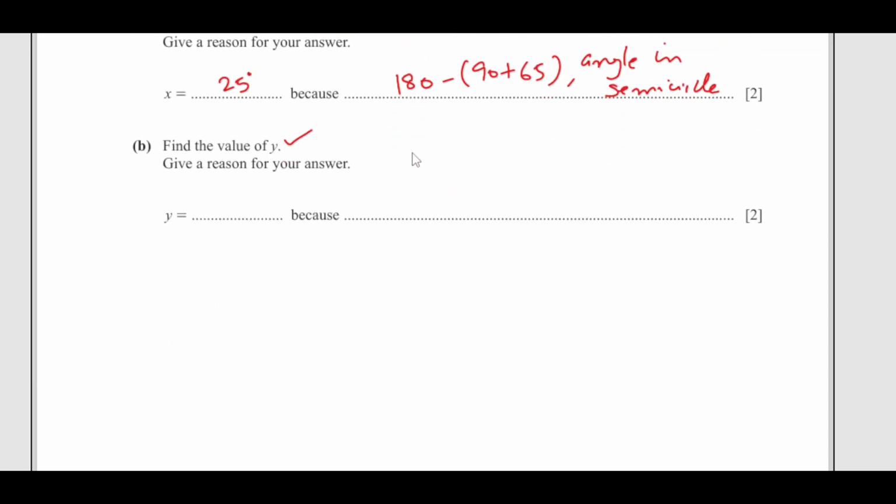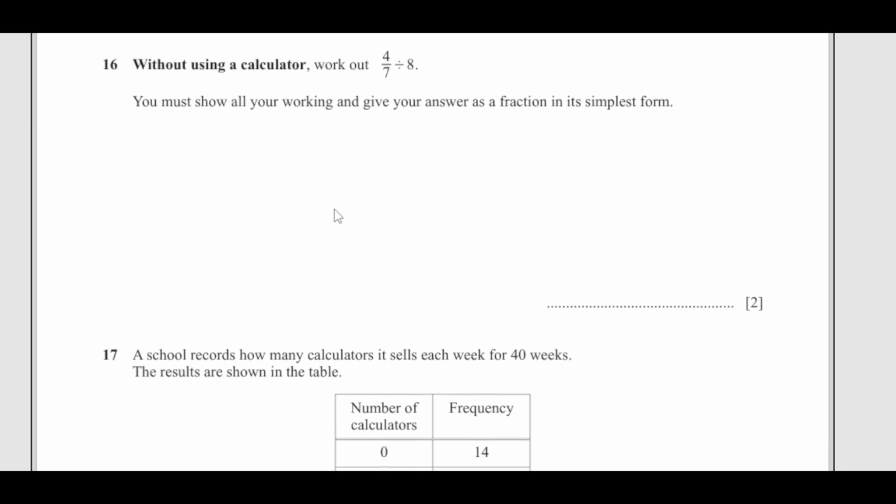We are going to write down here y is 46 because base angles of isosceles triangle are equal, right?